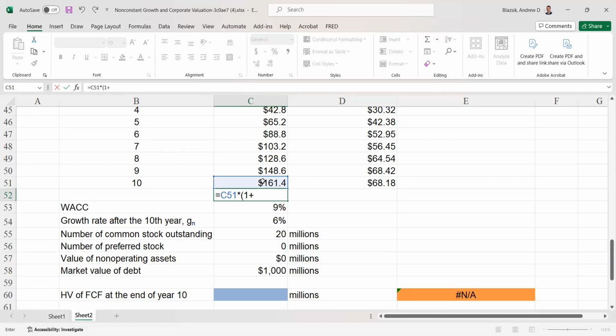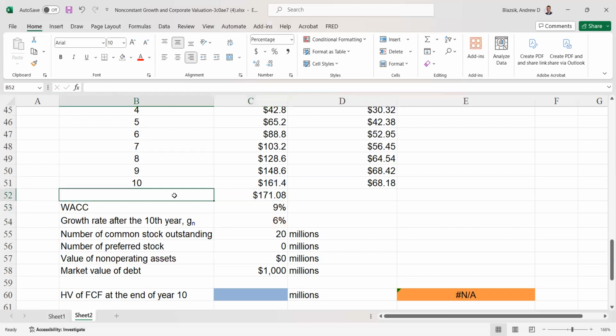This is what we expect. This is a perpetuity in a way. We believe that our sales are going to increase by 6% forever. I'm only going to find that next year, the 11th year. So let me mark that. Let's see, 11th.